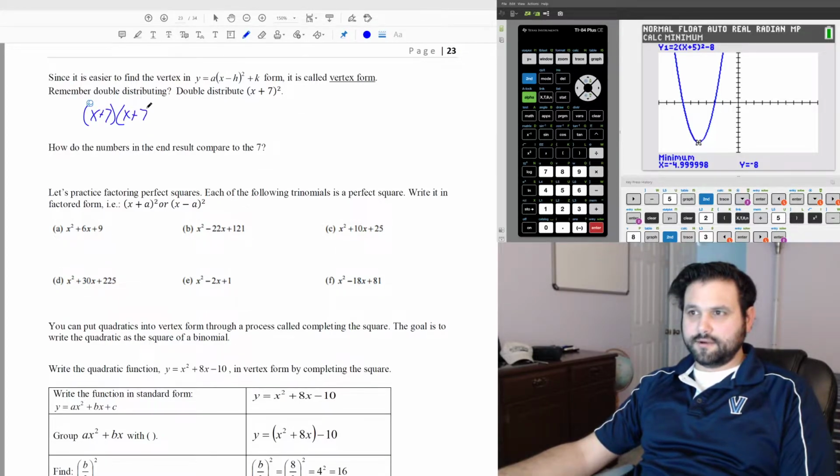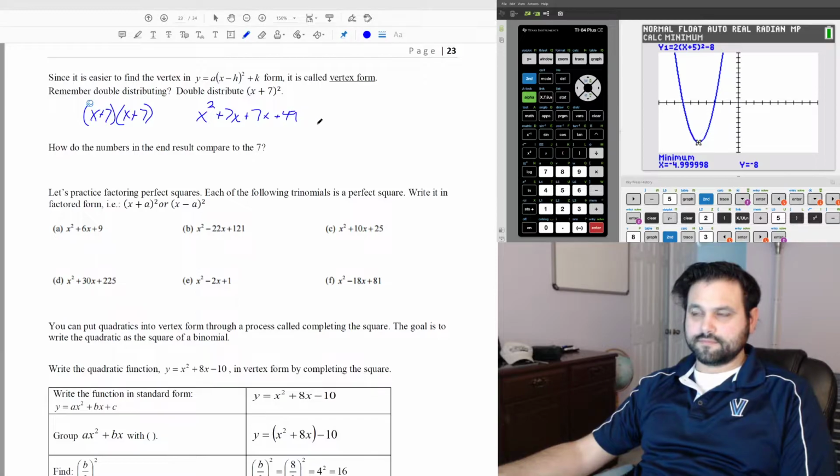When I double distribute this, I'm going to get x squared, right? X times x, and then x times 7, and then 7 times x, and 7 times 7. And when I combine like terms, I get x squared plus 14x plus 49.